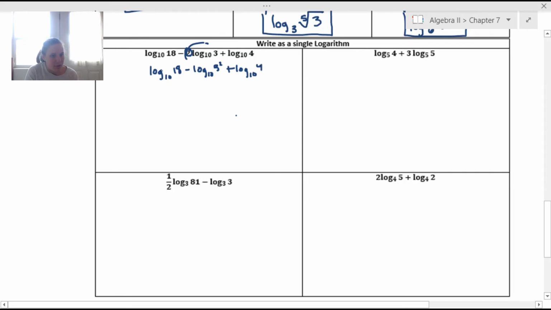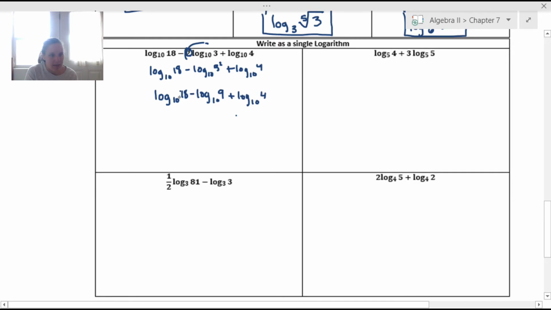All right, so we've got log base 10 of 18 minus log base 10 of 9 plus log base 10 of 4. We're just going to move left to right.